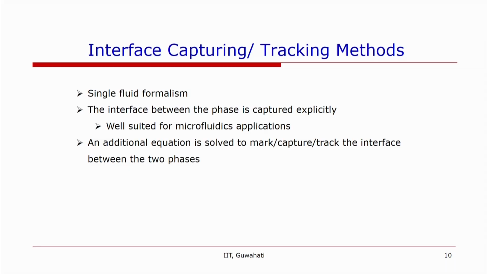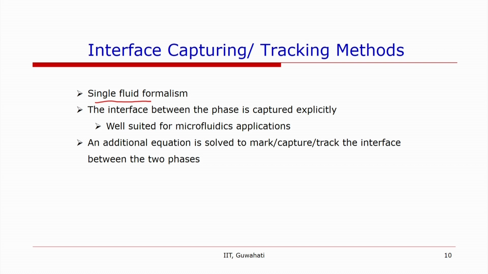So, let us look at what those interface tracking methods are. In this case, a single fluid formalism is applied. That means only one set of conservation equations, even though we have two fluids or more. Let us talk about only two-phase flows.